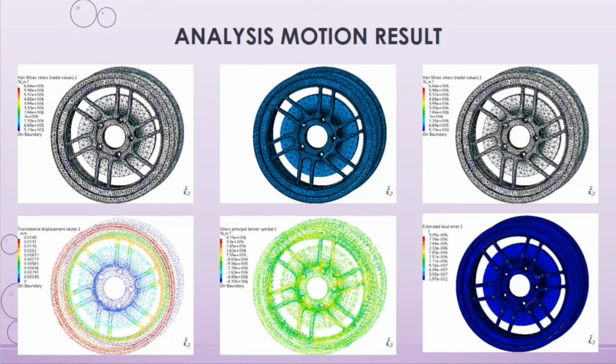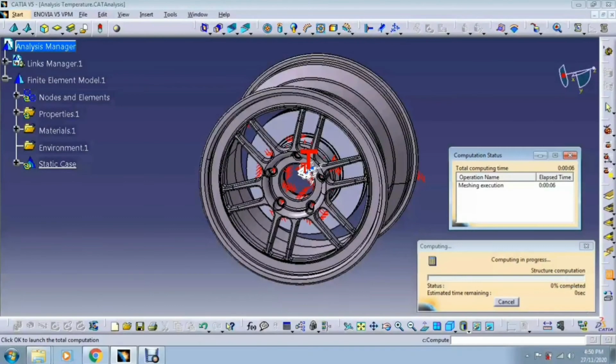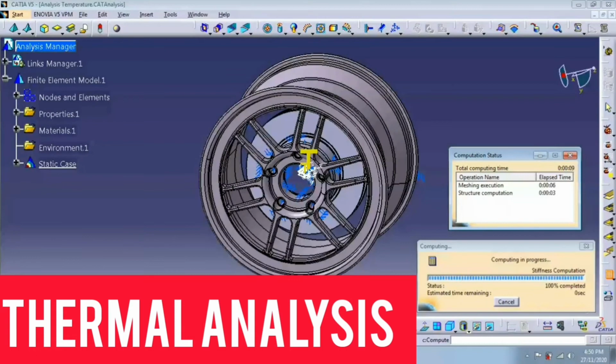This is the result of the motion analysis.